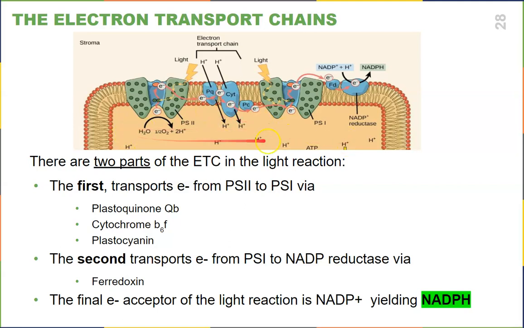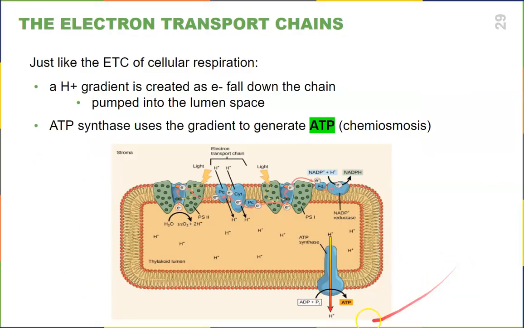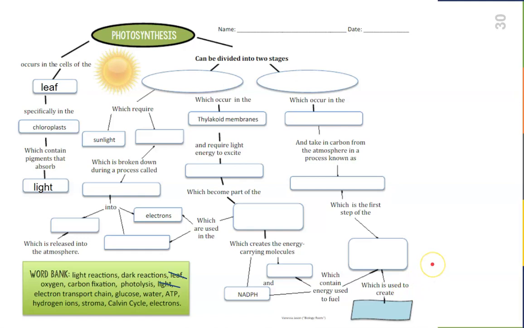Once they're inside, that's it for them until they can leave through ATP synthase. That's the only way they can get out. Once there's a really high gradient of hydrogen ions, they leave through ATP synthase and generate a little bit of ATP.